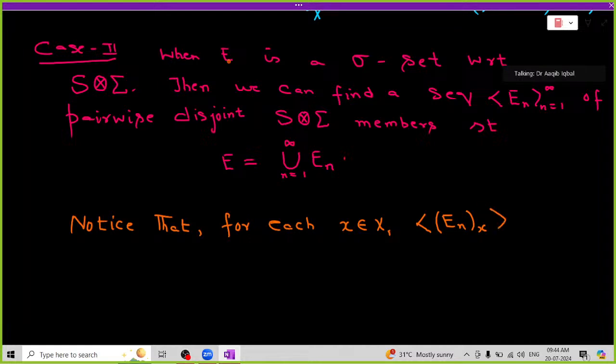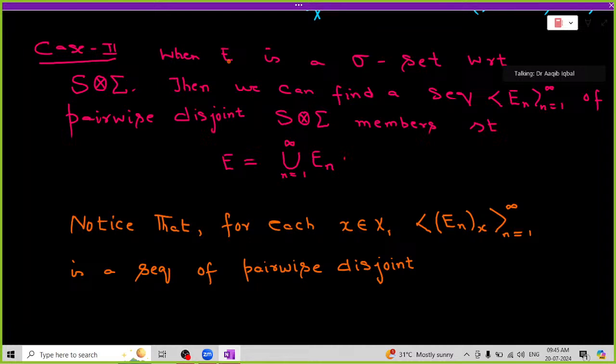E sub n, this means the x section of E sub n. N runs from 1 to infinity. This is a sequence. Obviously it's a sequence of pairwise disjoint.